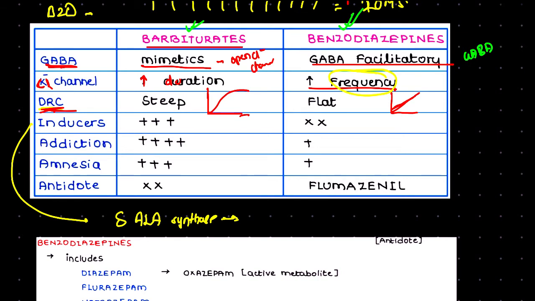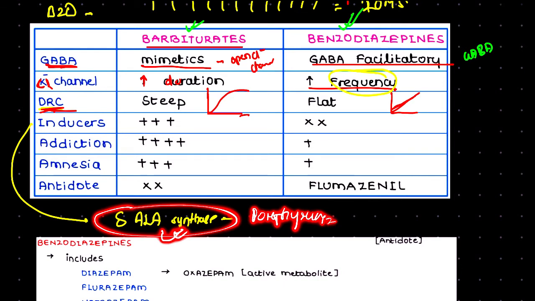Now if this enzyme is induced, if you recall hematology, what will happen? There will be excessive formation of porphyrins, because delta aminolevulinic acid synthase is the rate limiting enzyme in the formation of porphyrins.